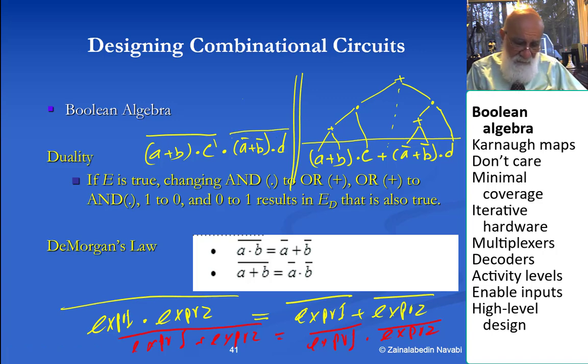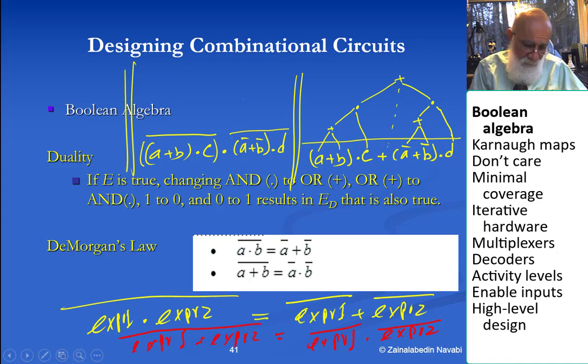And then the bar breaks again over this one, and therefore this changes to, let's write it on this side, A or B bar ORed with C bar.